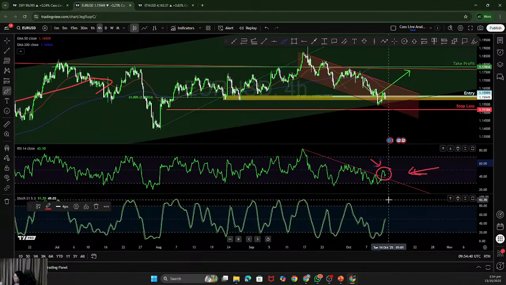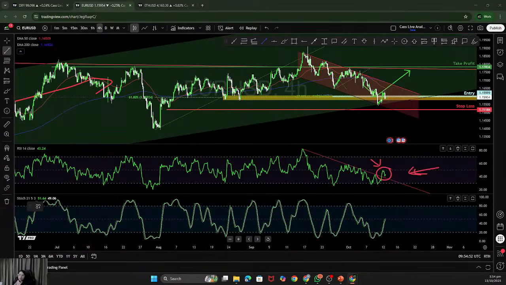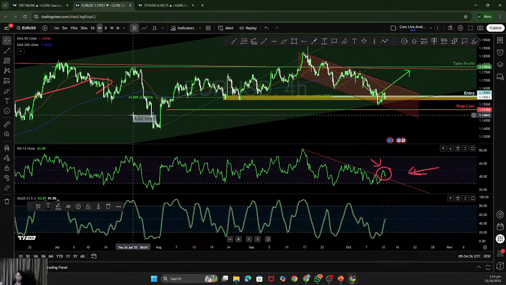This is actually a bullish divergence. Okay, so there's two things that I want to see when I pull out stochastics and RSI. Number one, divergence. And number two, support and resistance.